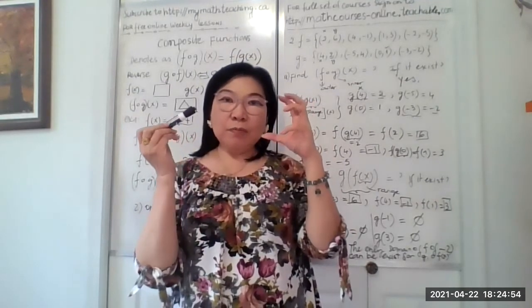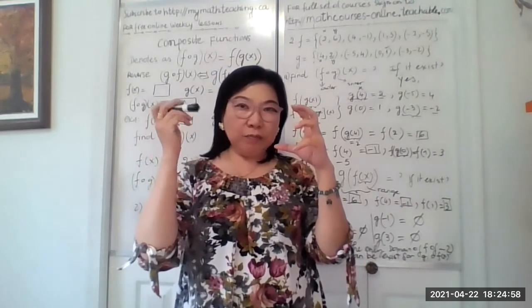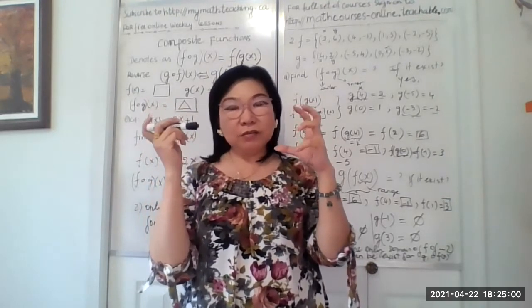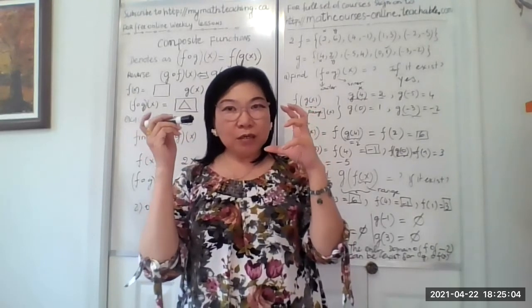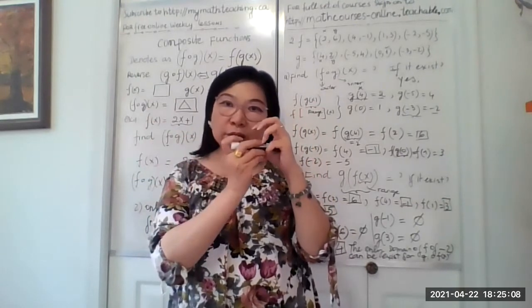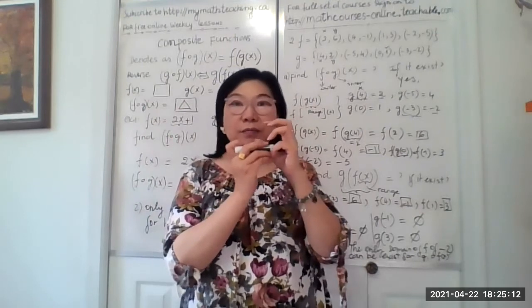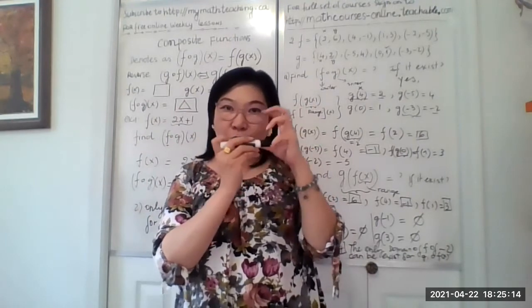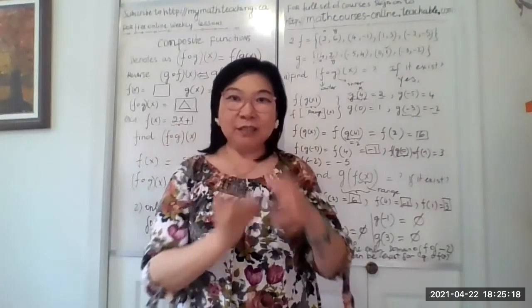And we make sure that the range of the inner function has to be smaller than the domain of the outer function, right? So that you can put it in.